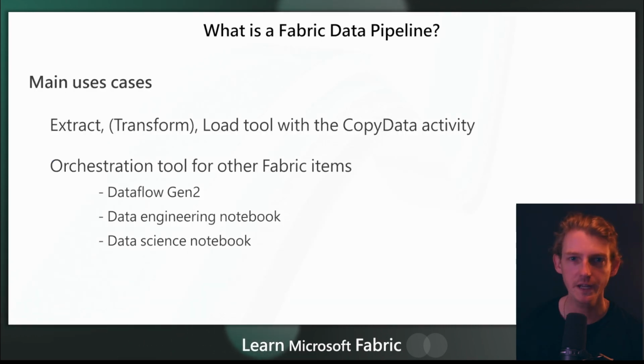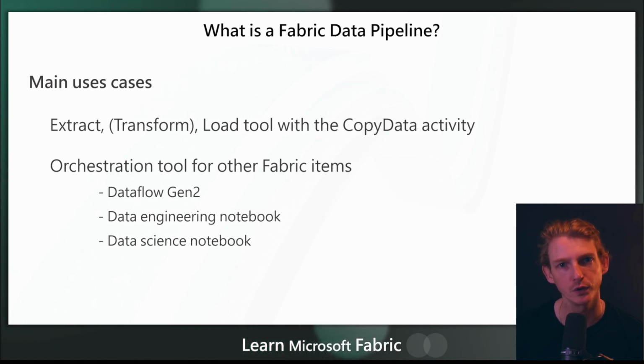When we think about the main use cases for data pipelines, really there's two that come to mind. We've got the extract, transform, load capabilities, and I put transform in brackets there because natively within data pipelines you can't do many transformations. It's not like a dataflow. We don't have 300-plus transformations, but it's really useful as an orchestration tool.